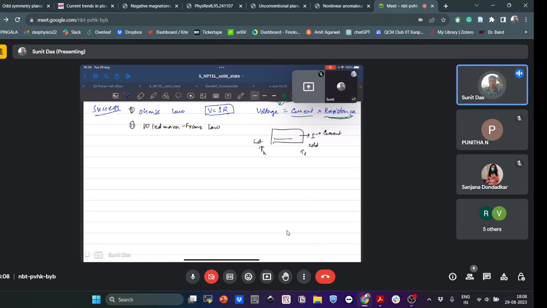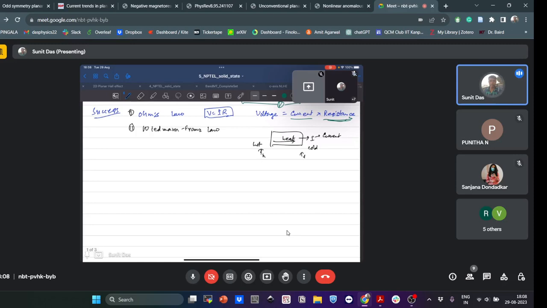They will also transfer heat, right? This is usually what we observe also. So how good a conductor of electricity they are, the electrical conductivity, we denote by sigma, and kappa is the thermal conductivity.